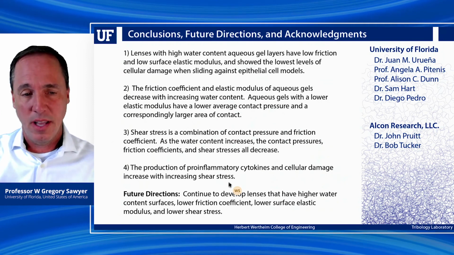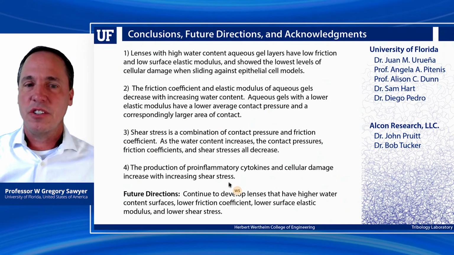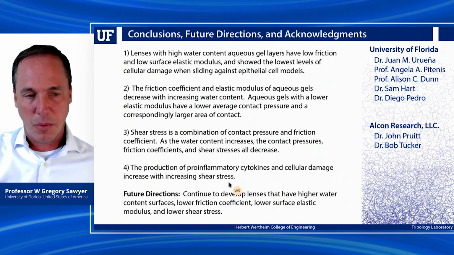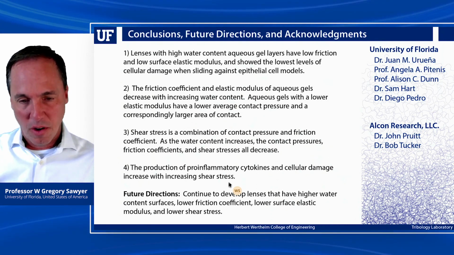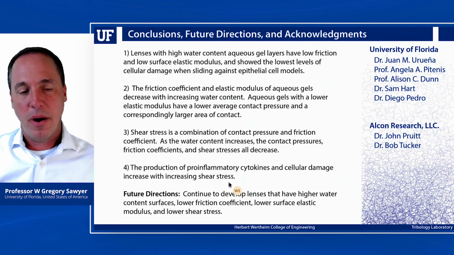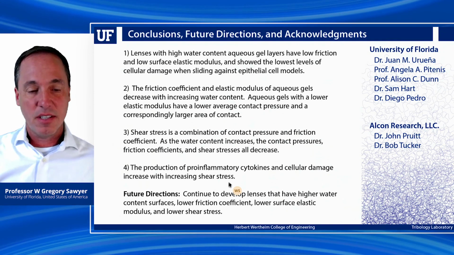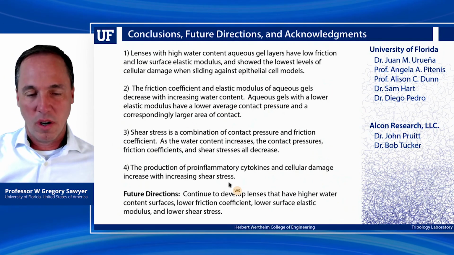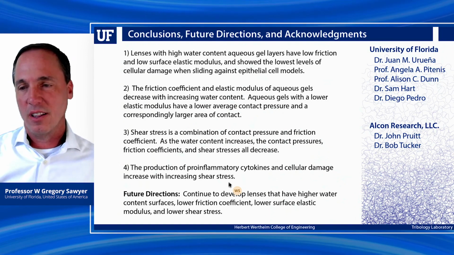So this is the physics behind that process. And try to remember that this physiological understanding of lubricity is shear stress, and that's a combination of contact pressure and friction coefficient. And together with all of this work, this allows us a design paradigm in future directions to continue to try to develop lenses that have high water content surfaces to try to make them more comfortable through lower friction coefficients, lower surface elastic modulus, and lower shear stress.